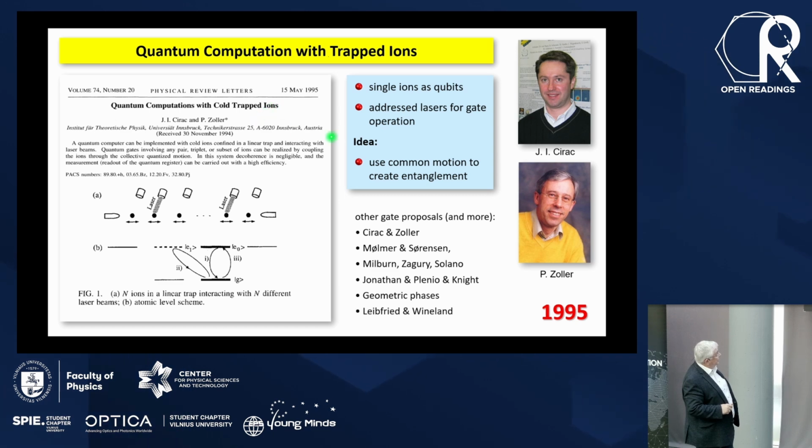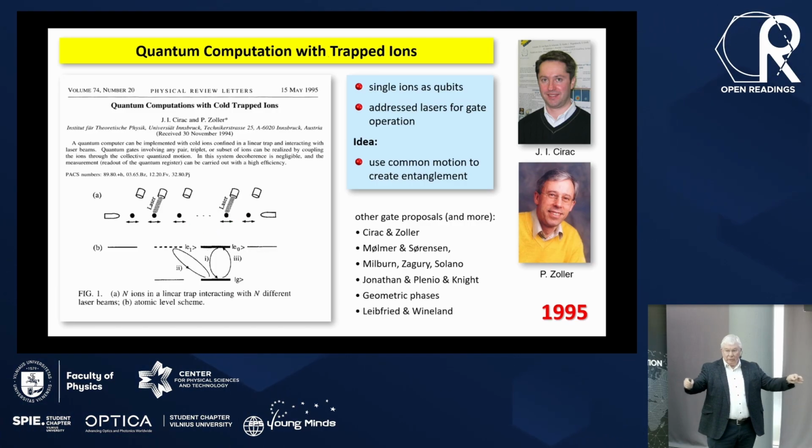Essentially what they said in that paper is we can use single ions as qubits. These ions are lined up in a trap, and I'll show you how to do that in a minute, individually addressed by laser beams, and then we just manipulate the levels in such a way that we use the common motion to create the entanglement between these ions. And that then provides the blueprint for a quantum computer.